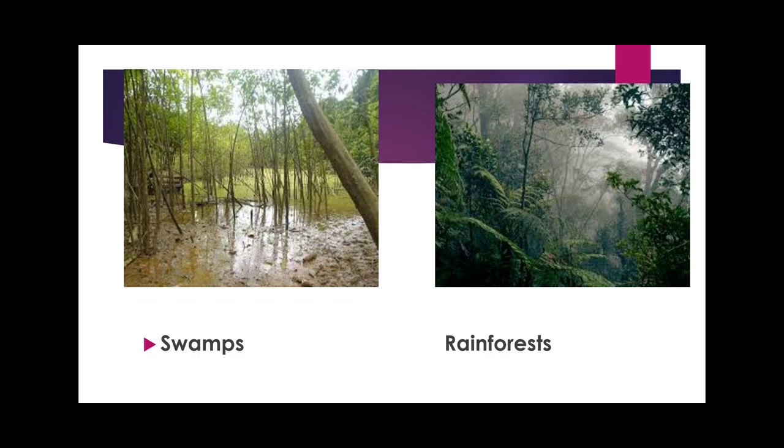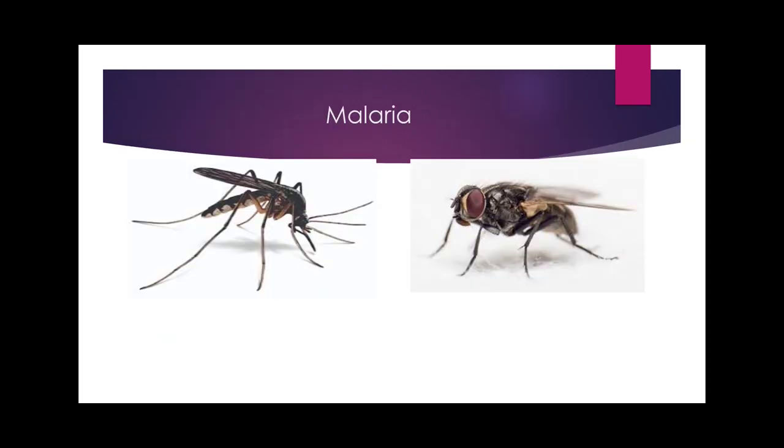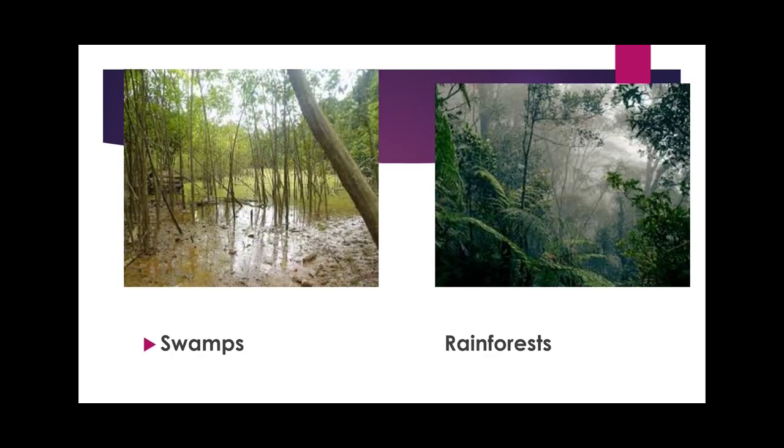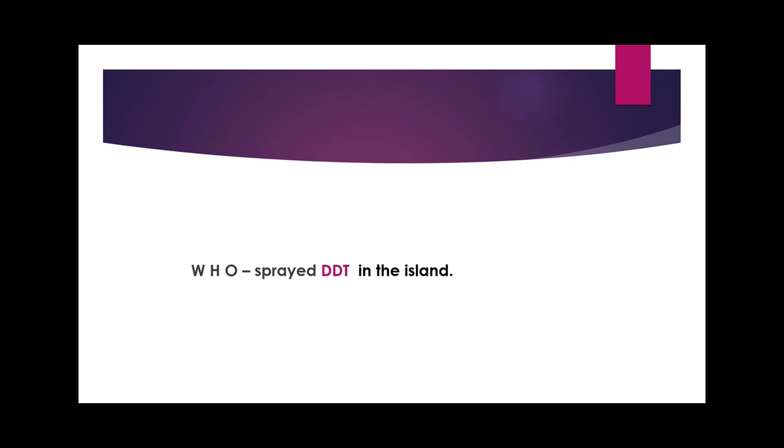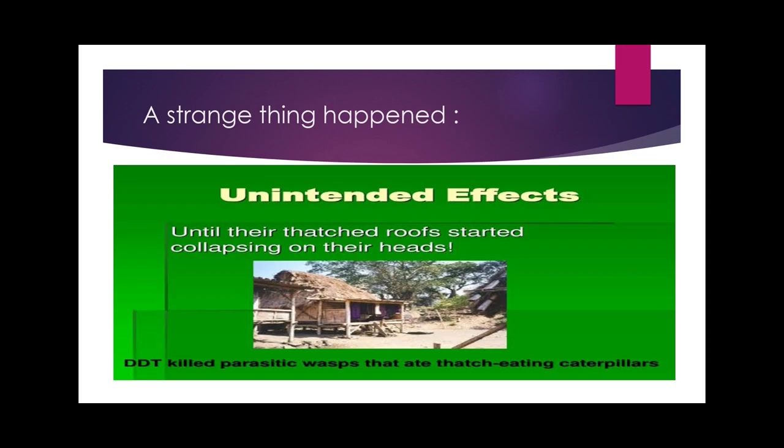But as soon as the wasps also died because of the DDT, the caterpillars became out of control, and there were no wasps left to eat them. That's why the caterpillars started eating all the thatched roofs of the houses of Borneo.